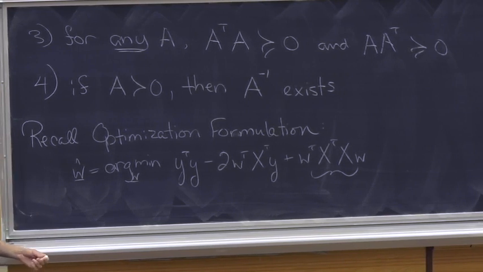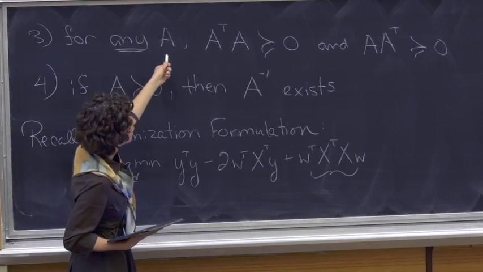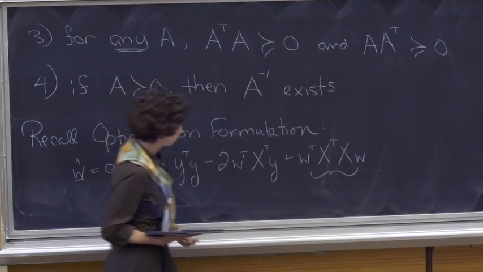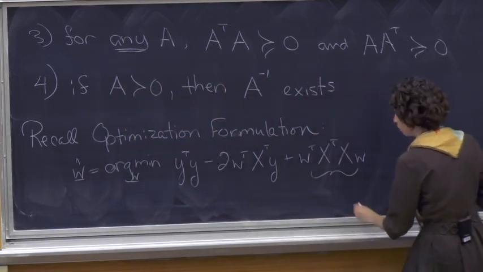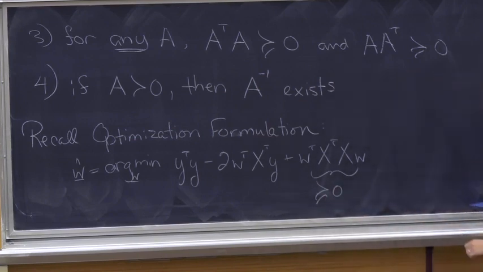What can we say here? So remember, we said for any matrix at all, here we wrote it as A, that A transpose A is going to be positive semi-definite. And so here, what we know is that this is definitely positive semi-definite, without even really thinking about it.